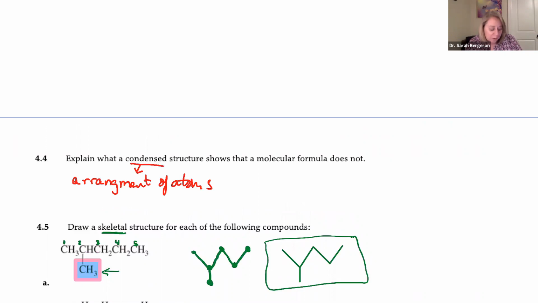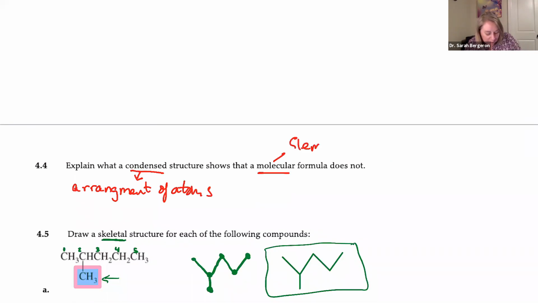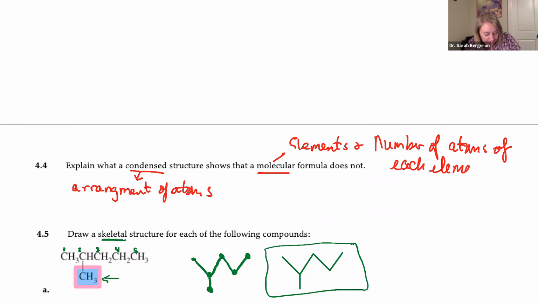And a molecular formula just tells me elements and the number of atoms of each element, right?